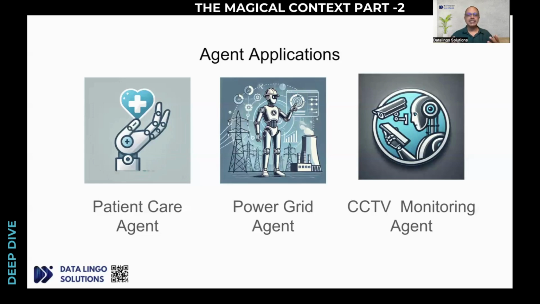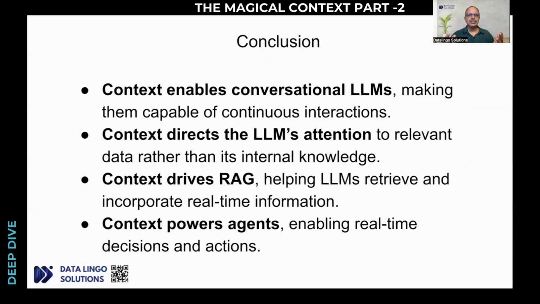In a separate session, I will go deeper into these use cases and explain how agentic systems are transforming industries. To conclude, context is the driving force, making stateless LLMs conversational. Without the construct of context, LLMs would have been like Dory from Finding Nemo, forgetting previous interactions.